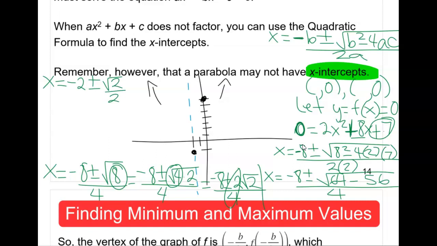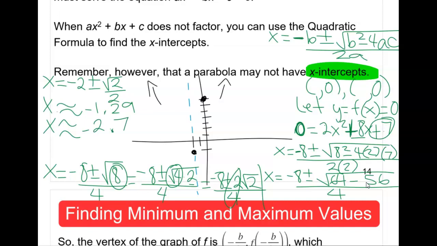Now, if you want to know the value of that, and remember the plus minus means 2, I'm going to just enter this on the calculator. So I get approximately negative 1.29, and the other one will be negative 2.7.